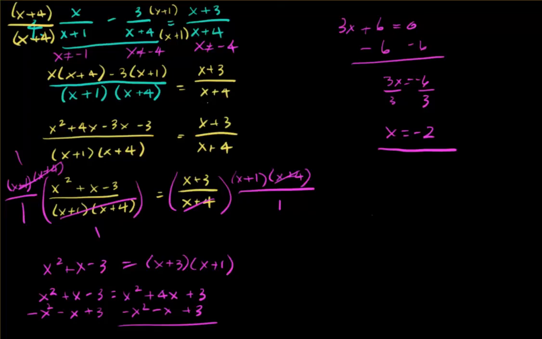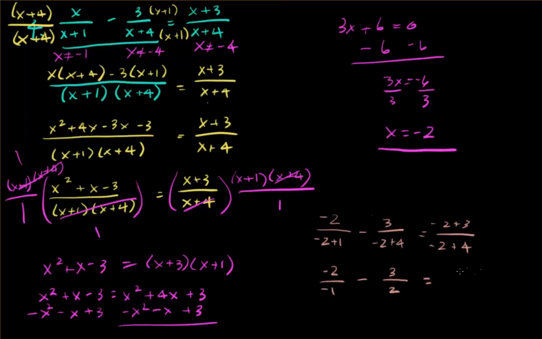Okay, so we have negative 2 over negative 2 plus 1, minus 3 over negative 2 plus 4, equals negative 2 plus 3 over negative 2 plus 4. So we have negative 2 over negative 1 minus 3 over 2.